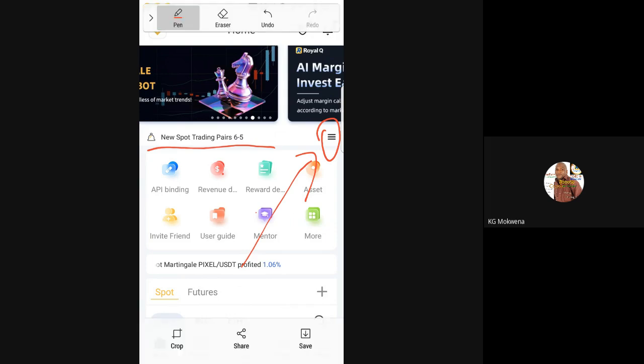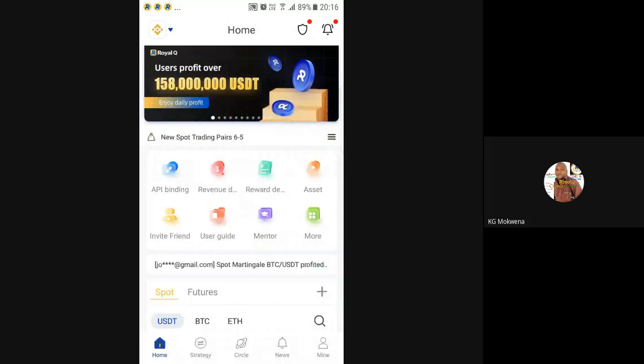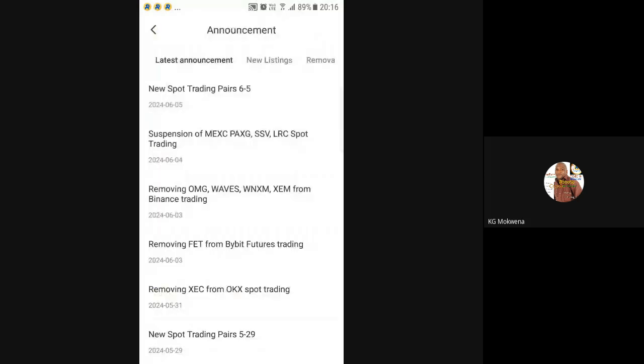So it means if I click that, then I'll get that full message. They normally provide it in a tabulated form so that you see. Can you see now? This information was received yesterday. And yesterday, actually, business partners, I did not have time to check this. Now you can see this information that yesterday new spot trading pairs were added, and I also see 6 to 5 there.